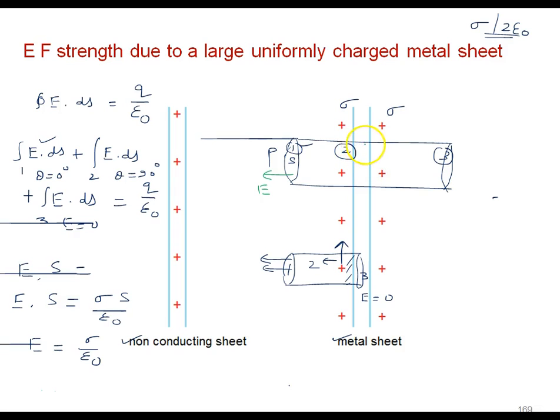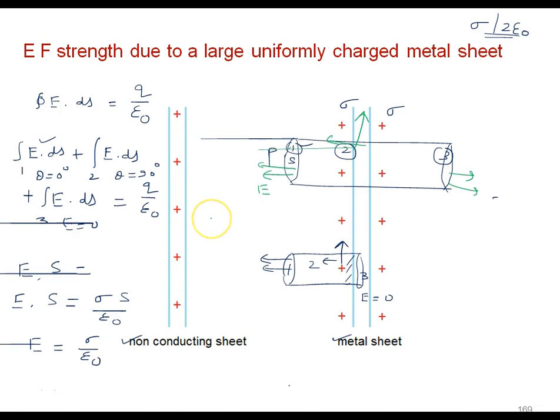For the second also, this is the direction of the electric field. For third, this is the direction of the electric field. Area vector, this is area vector. Here, this is area vector. Here, this is area vector. For the second, they are at 90-degree angle. There is no flux there.